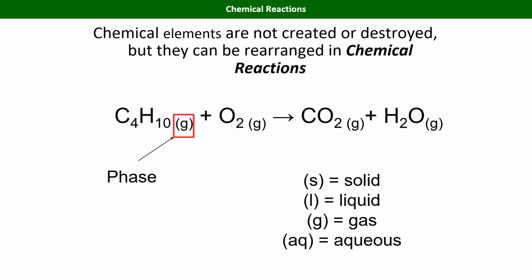Occasionally we see phases that are a little bit more specific than this. These are the 4 basic ones, but there are other types as well. A lot of organic chemical reactions happen in solution, but not in water. Say you have benzene as your solvent, and we don't have a shorthand for dissolved in benzene, so in some cases we just get more specific with our labels.